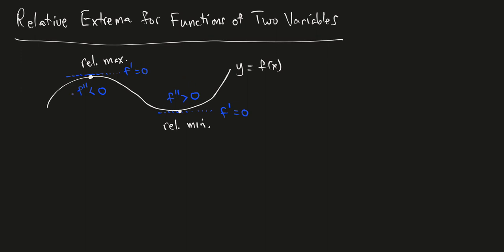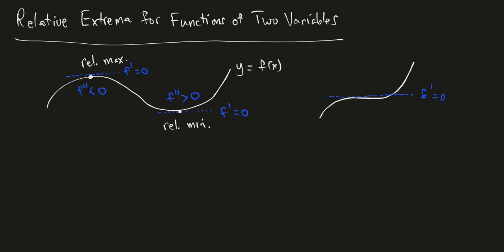Unfortunately, there are times when this process yields no information, and it happens when functions look like this. So when you have a function like this, you could still have a stationary point, right? So your first derivative is equal to 0 at that particular point.